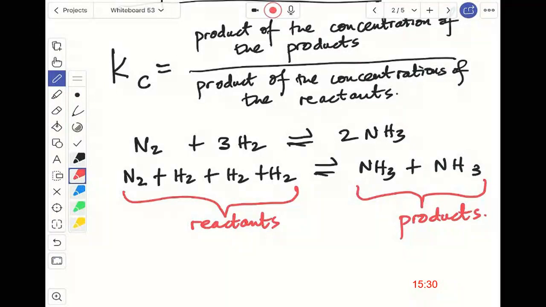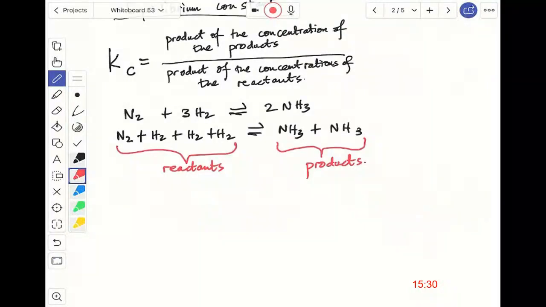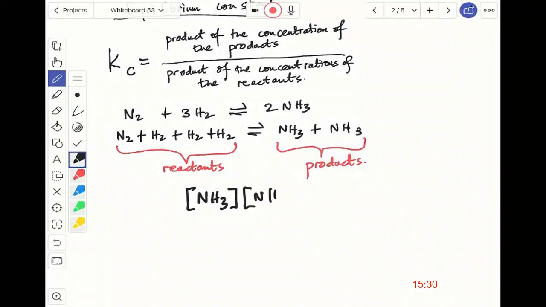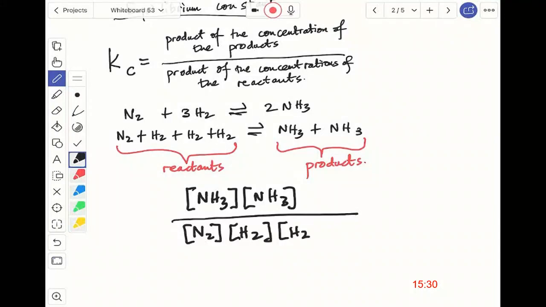So if I look at the product of the concentration of the products, okay, so my products are NH3, that is the concentration, square brackets denotes concentration, times the concentration of NH3, because I've got two products, NH3 and NH3, and the product of the two, divided by the concentration of the N2 times the concentration of the H2 times the concentration of the H2 times the concentration of the H2.